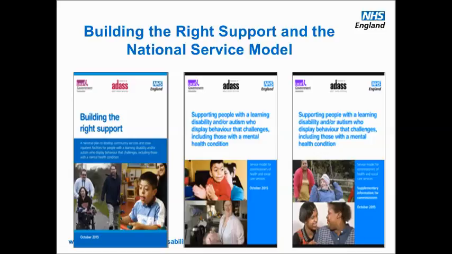The service model sets out a blueprint for how local commissioners, through Transforming Care Partnerships, can do that against 9 key principles, which is what I'm going to go on and talk about today. There's also a supplementary document for commissioners alongside the service model that explains some of the terminology and explains in a little bit more detail the cohort of Transforming Care and some of what's expected in terms of commissioning intentions. And again, it's really important to note that that's an all-age document.